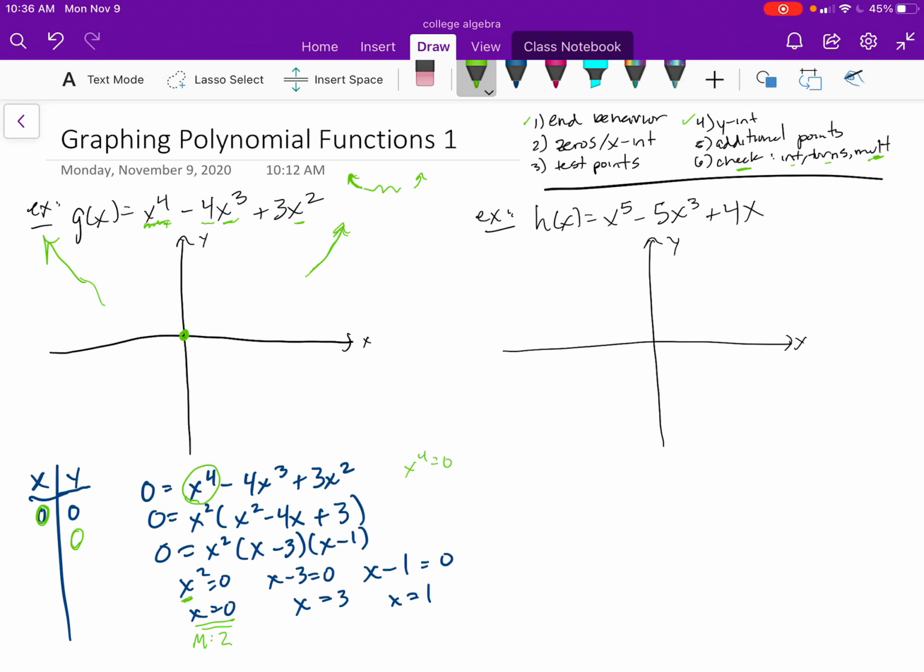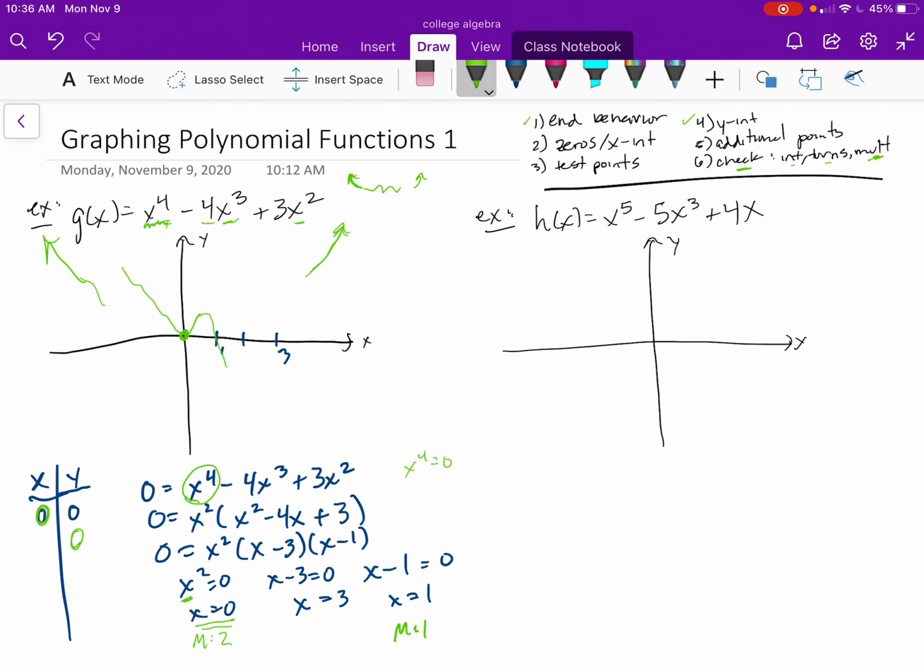And that's important because an even multiplicity tells me that as the graph goes, because this is the first 0, I know that as the graph goes, it's going to hit this 0 and bounce up. All right, it will be tangent to the x-axis. It won't actually cross. Where the next few points at 1 and at 3, this graph does some stuff, and then it crosses through 1 because this has a multiplicity of 1, which is odd, right?